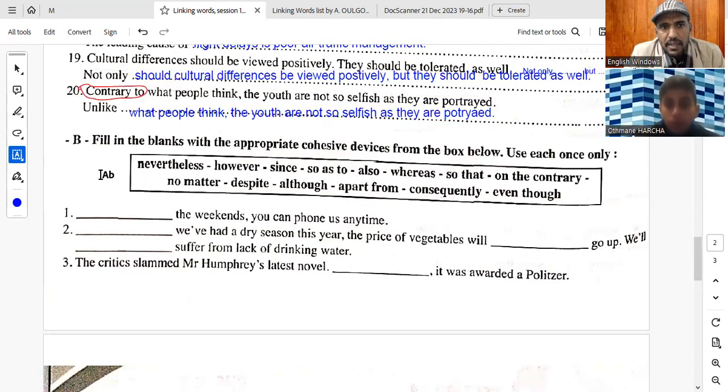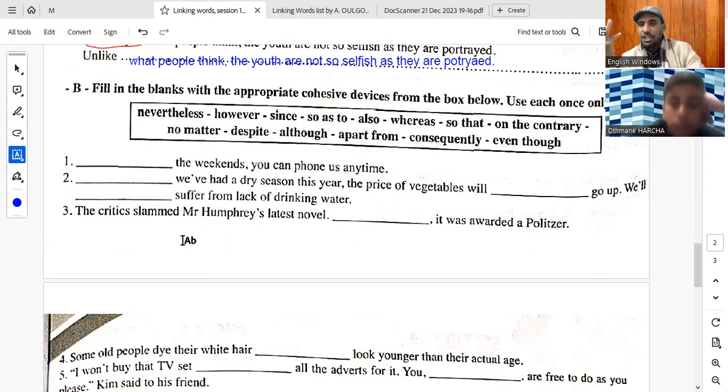Let's move to task B. Here we have to fill in the gaps, choosing the appropriate cohesive device from the box below. Use each linking word only once. We read the statement, think about the function that the word should express, and then we use it.